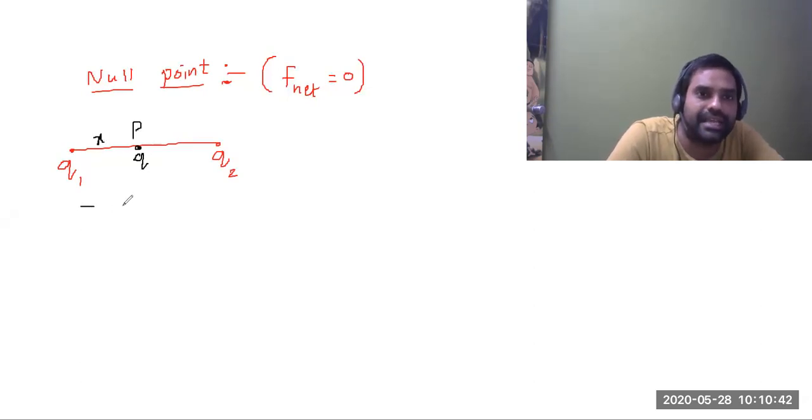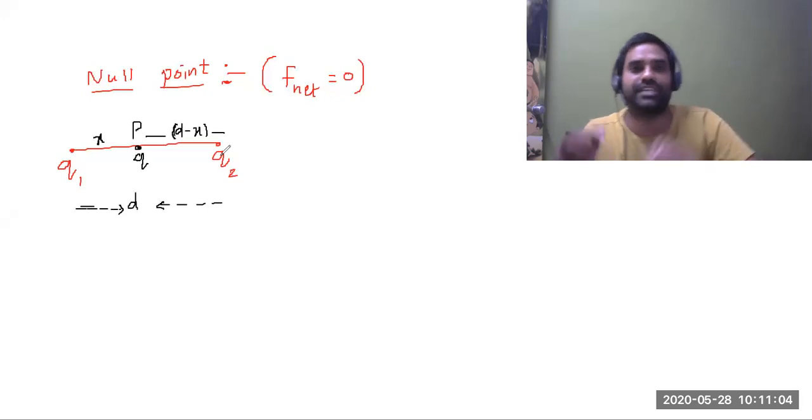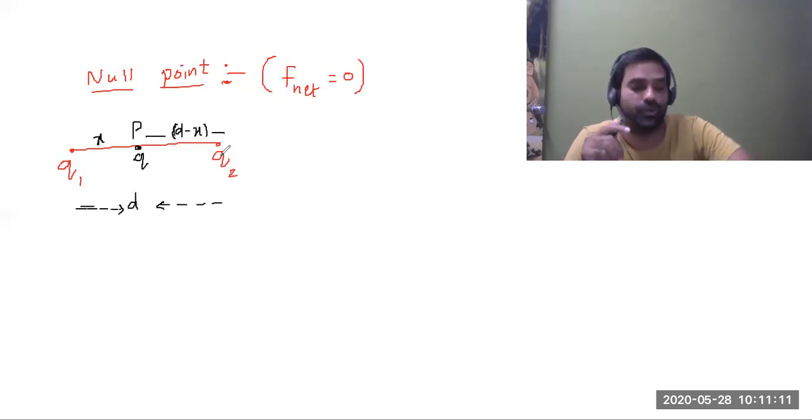And let us consider the separation between Q1 and Q2 is some D. Instead of R, I'm taking D. And obviously between q and Q2, the separation is going to be D minus x. I have not done anything tricky here, only the parameters I have taken, because initially Q1, Q2 are separated by some distance D students. Consider a point P where charge q is kept.